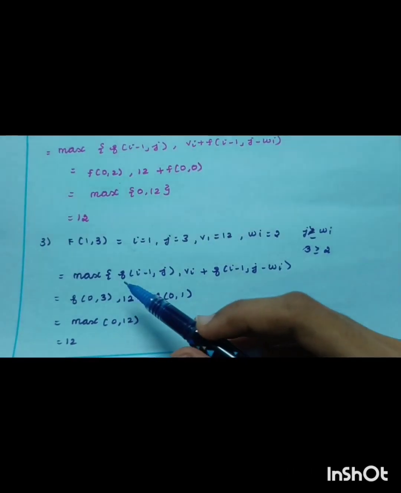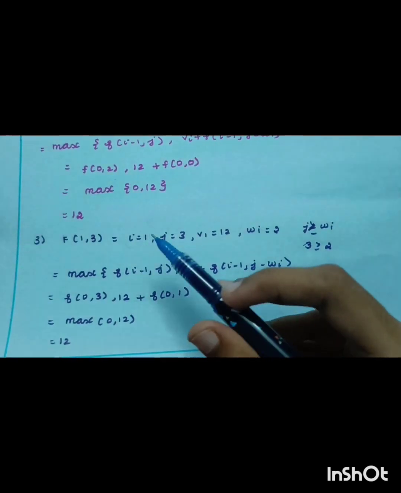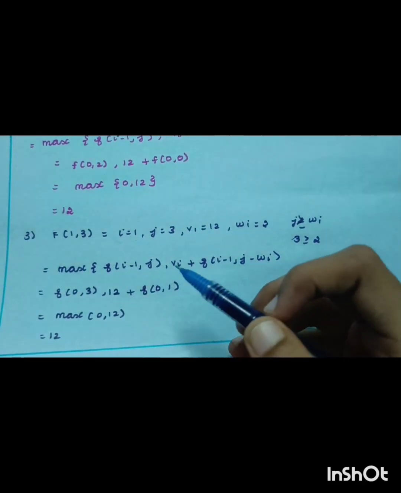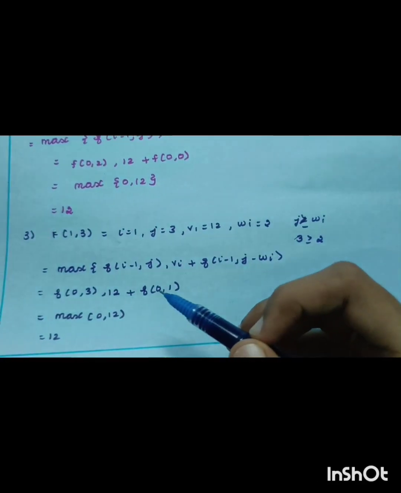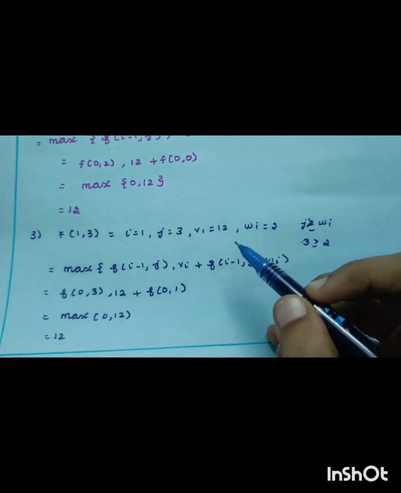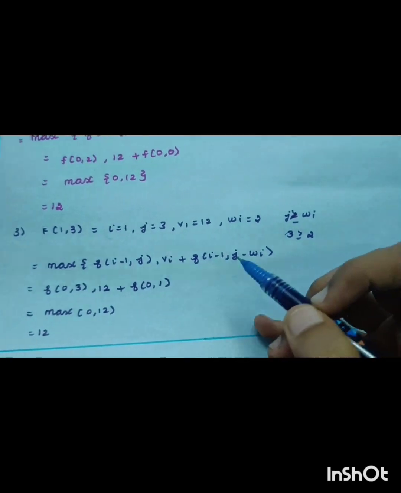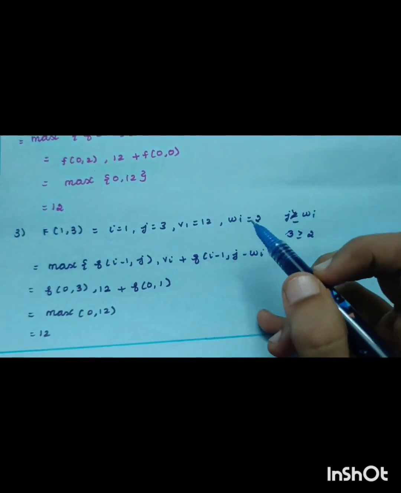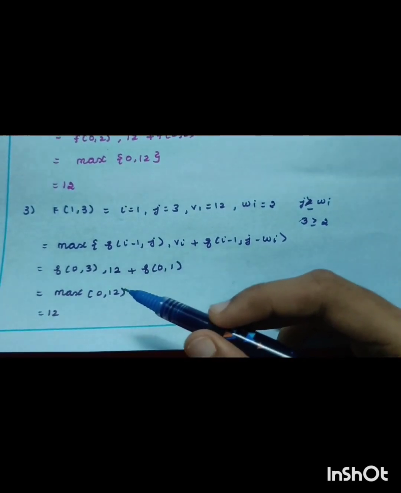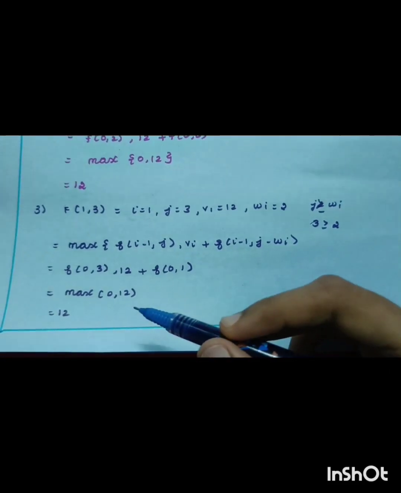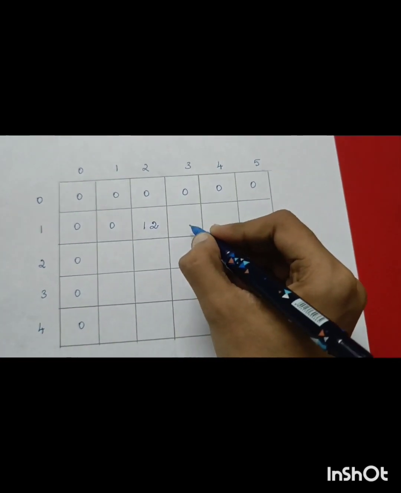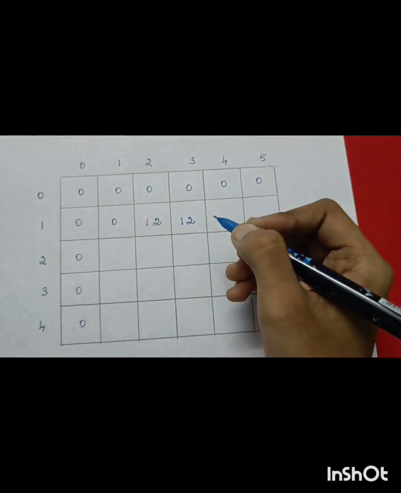So max of f of i minus 1, i is 1, 1 minus 1 is 0, j is 3, vi value is 12 plus f of i minus 1, j minus wi: i is 1, 1 minus 1 is 0, j is 3 whereas w1 is 2, 3 minus 2 is 1. So max of 0, 12. Again the value is 12. Now we fill the value of 1, 3 in the matrix box as 12.